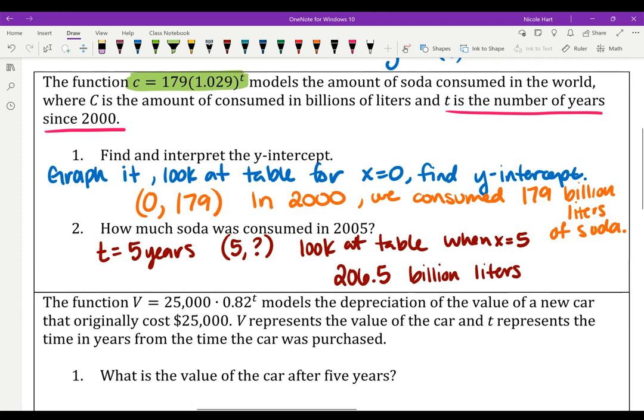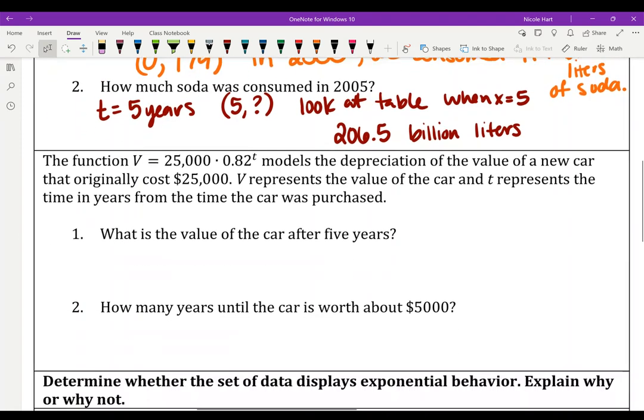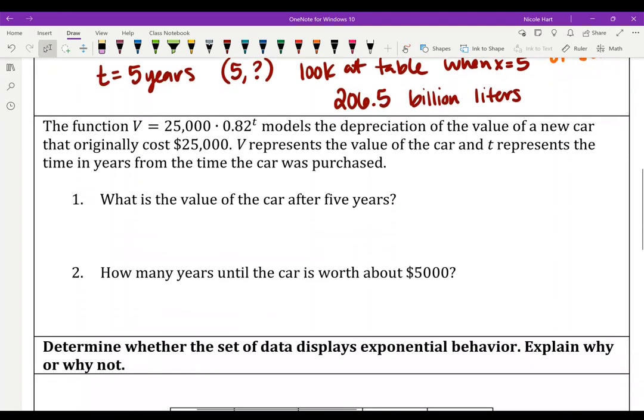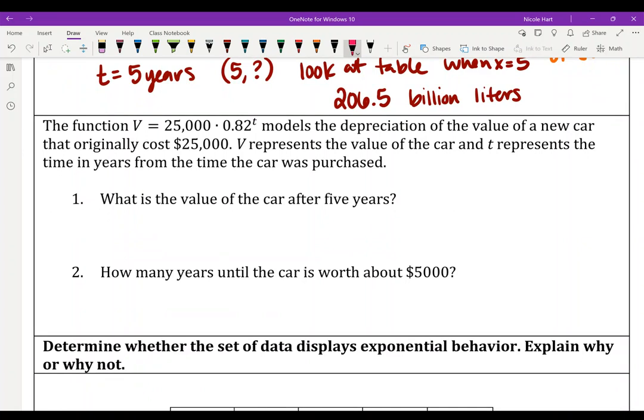Looking at the next example. It tells us here the function V equals 25,000 times 0.82 to the power of t models the depreciation of the value of a new car that originally cost $25,000. So what you may not know is that when you buy a brand new car, as soon as you drive it off the lot, the value of the car diminishes greatly.